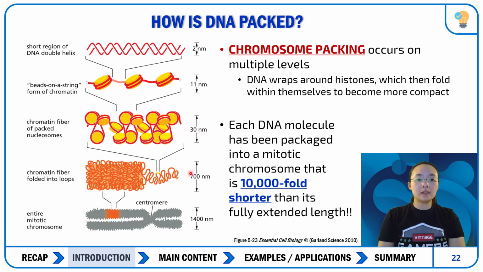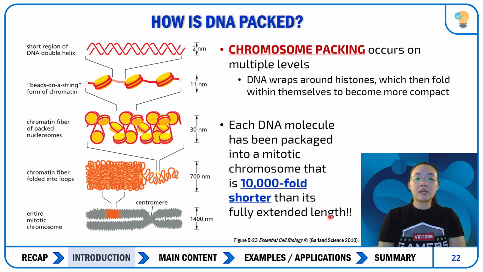And then next, all of these are going to fold in on themselves to form these loops. And in total, that's 700 nanometers in width. And this is one subsection of your chromosome. So the important thing here is that each DNA molecule has been packaged into something called a mitotic chromosome that is 10,000-fold shorter than its fully extended length.